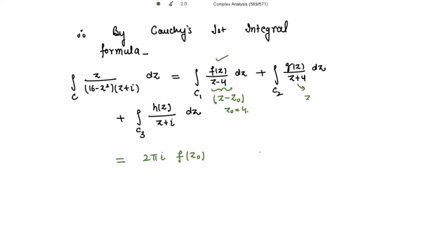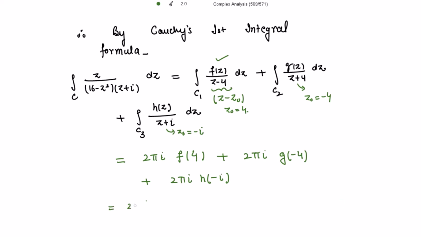And from here we have z0 equal to negative 4. From here we have z0 equal to negative iota, right? So f at z0, plus, for the second integral we have 2 pi iota into g of z0, that is g(-4), plus 2 pi iota h at z0, which is negative iota.